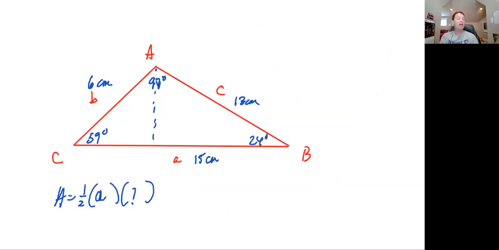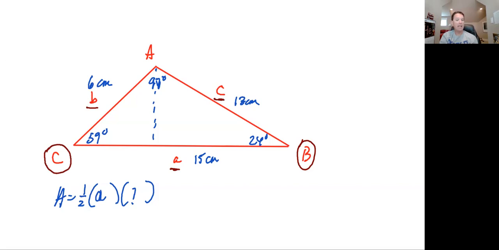And I want to challenge you to try this, but I want you to do it a couple different ways. So I'm going to ask a couple things here. The two gentlemen whose faces I can see, that's Lucas and Damien, I would like you to do this problem using angle C as your reference angle, which means using sides A and B. Ladies who I can see, Monse and Anna, I'd like you to use angle B as your reference angle and sides A and C as your two known sides.